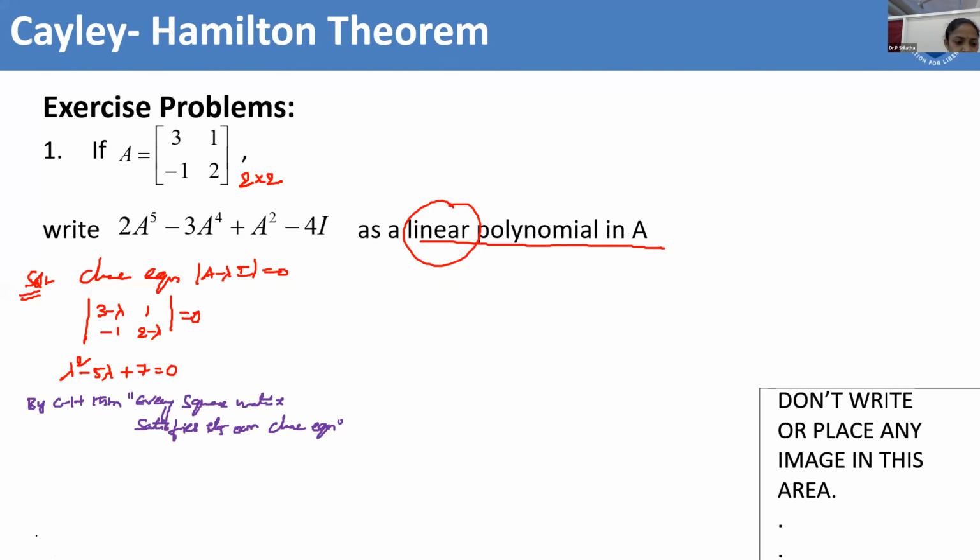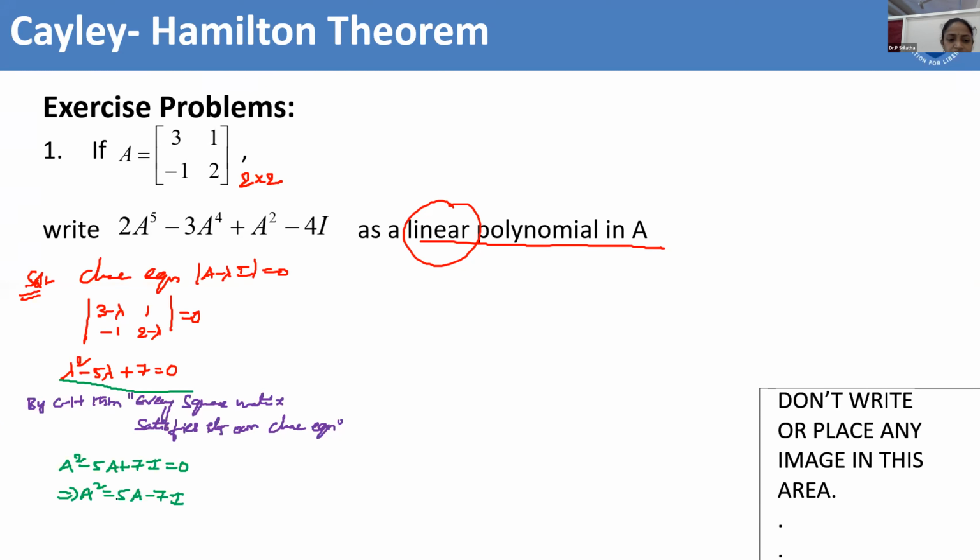So what is our next step? We need to write the equation in terms of A. That will be A square minus 5A plus 7I equal to 0. From this we can write A square equal to 5A minus 7I.